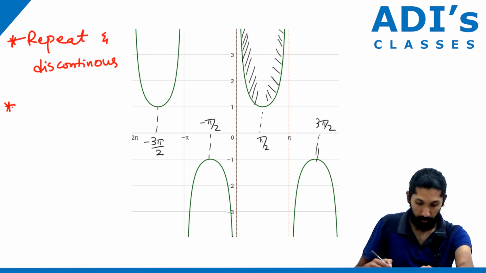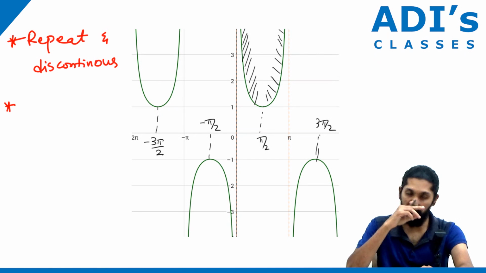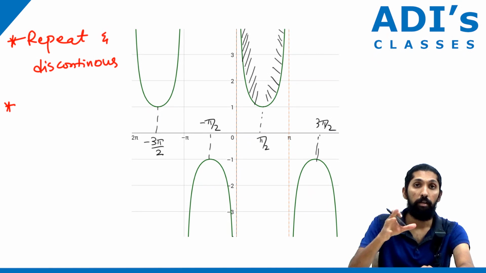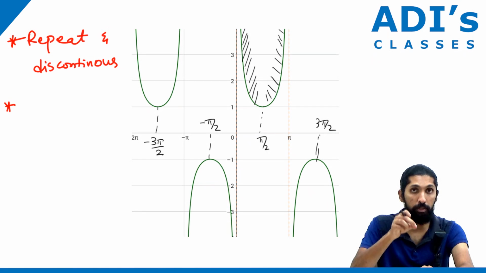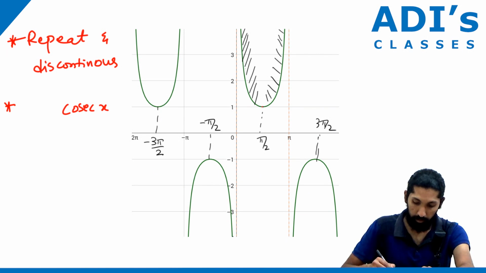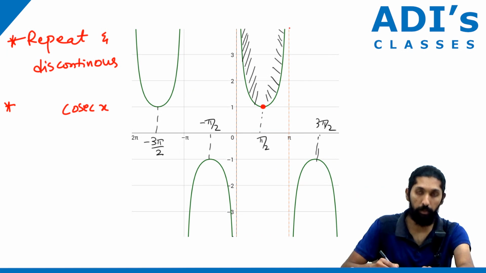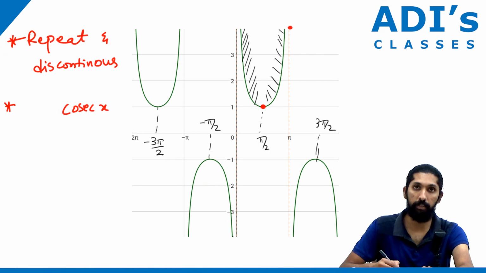Second point is we need to look at, okay, what is the range for this one? Again, I'm using the word range. That's okay. We'll figure out what is the range of this particular function. So for cosecant x, again, the least value in the positive side is 1, and it goes all the way to positive infinity, isn't it?